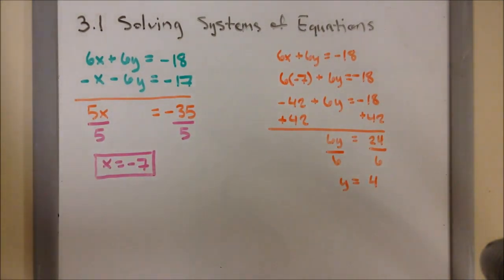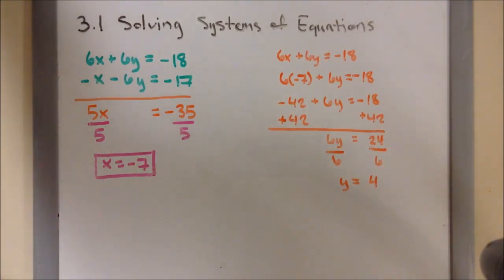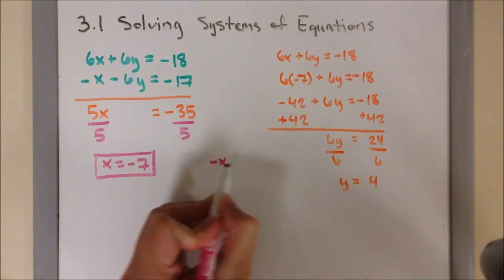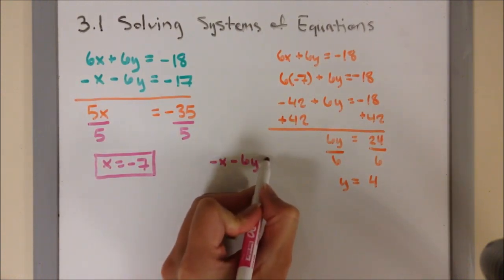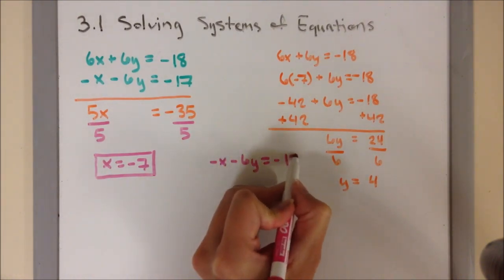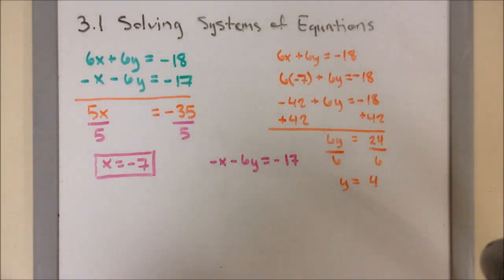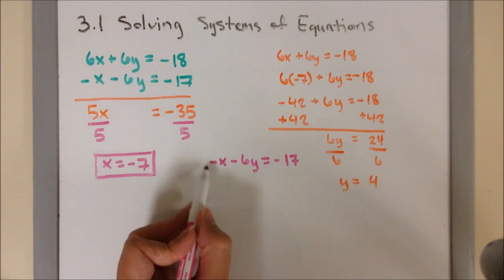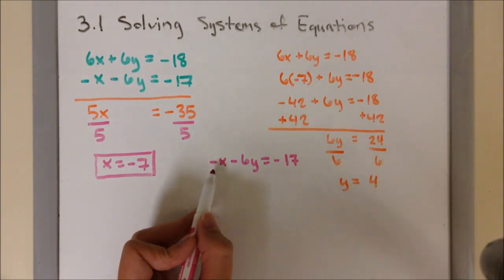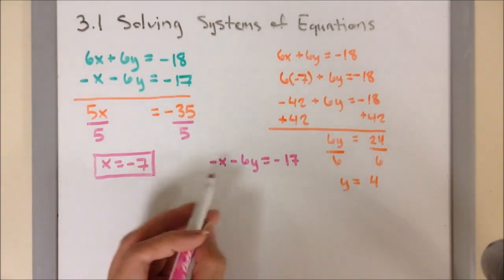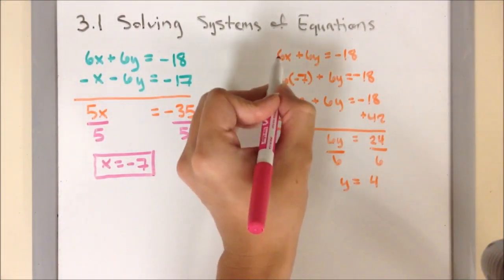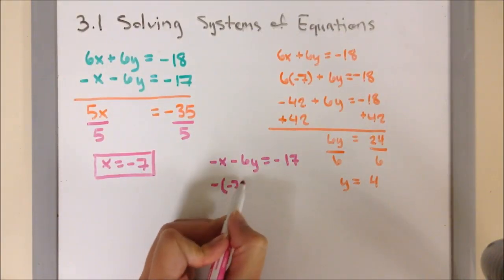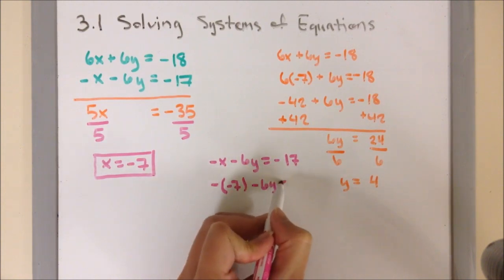Now, what would happen had you done the other equation? Well, let's do the other equation, the second one. Negative x minus 6y equals negative 17. Alright, so what I'm going to do is plug in negative 7 into the x value. Now be very careful, since the original equation has a negative, we have to keep it there. So it's just like the number 6, it's there, so we have to keep it there. So negative, and then negative 7 minus 6y equals negative 17.